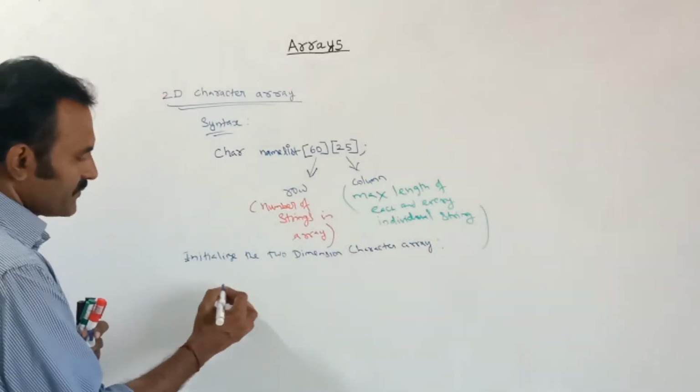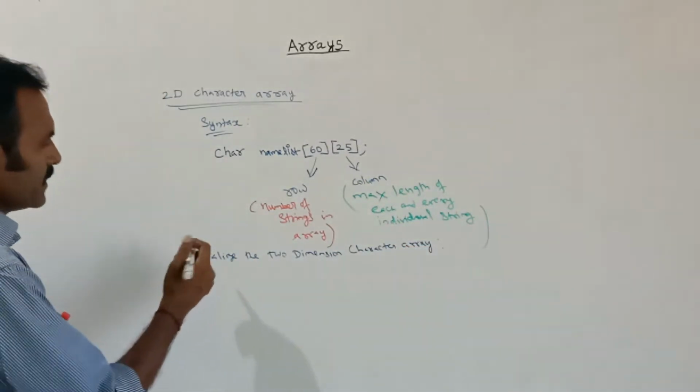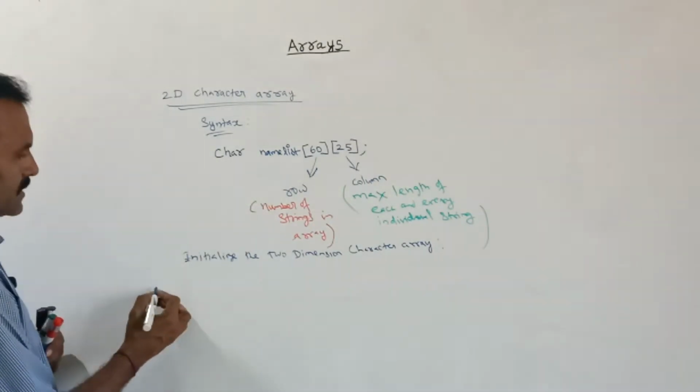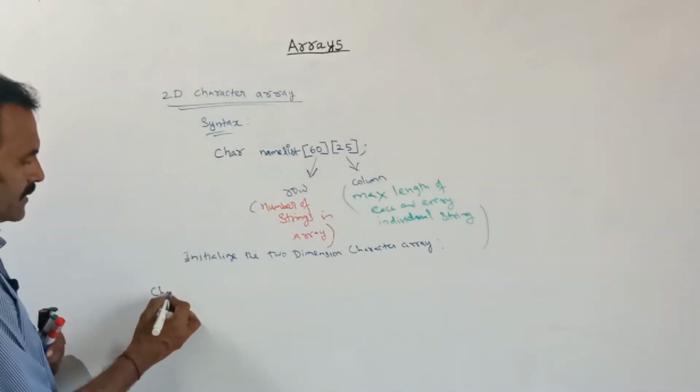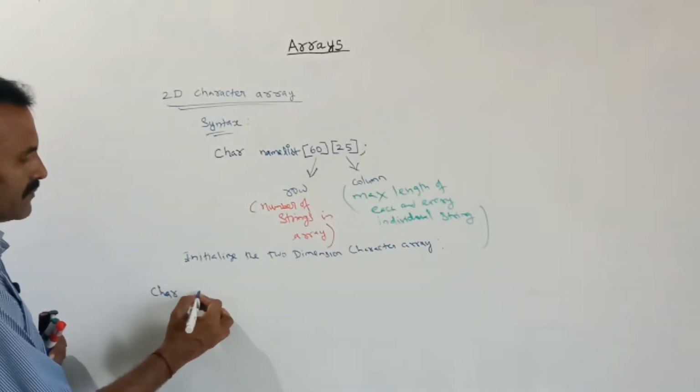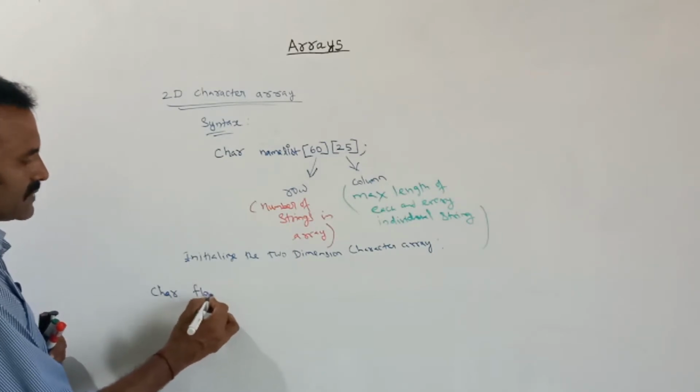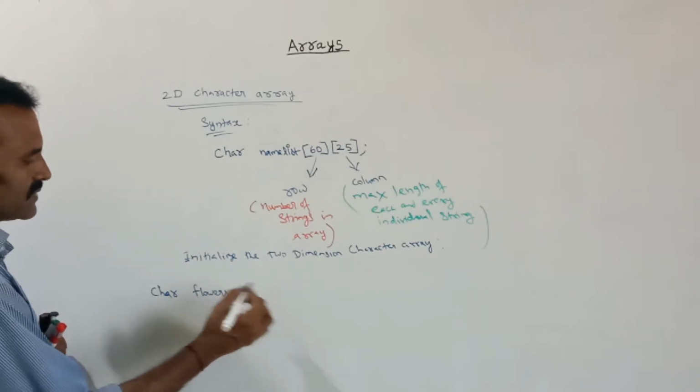See here, for example, I am declaring the variable. Very first, the character data type. Next, the array name or variable name. Let us assume flowers. The variable name is flowers.